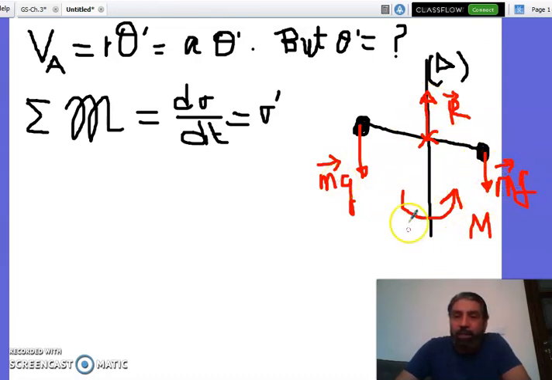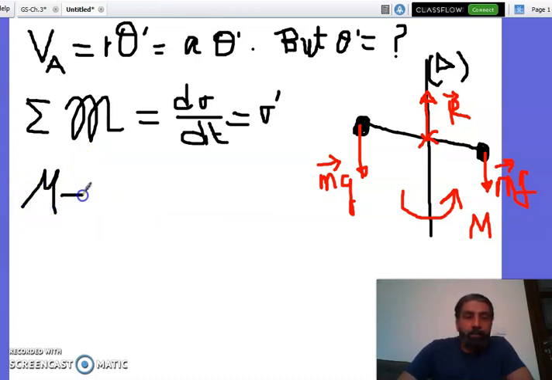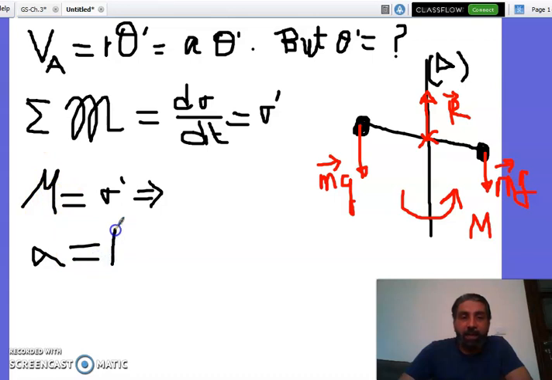We are left only with this moment. So we have only here now M equals sigma prime. Taking the antiderivative, because this is constant, you get the moment times time plus sigma initial.